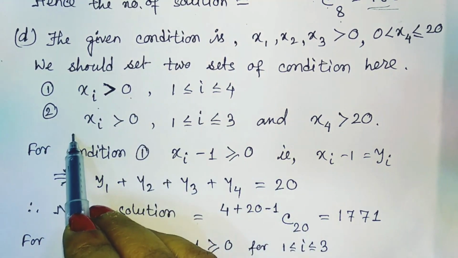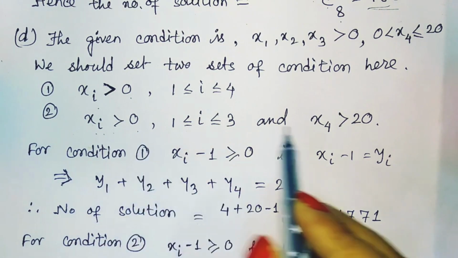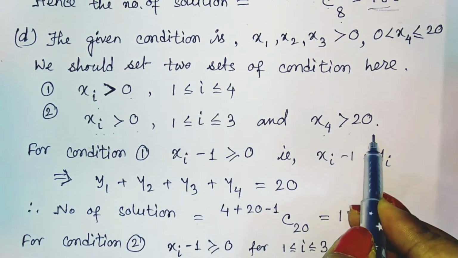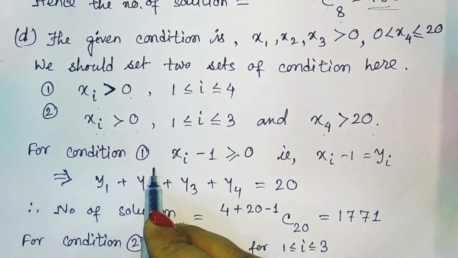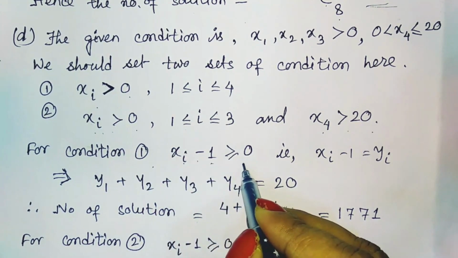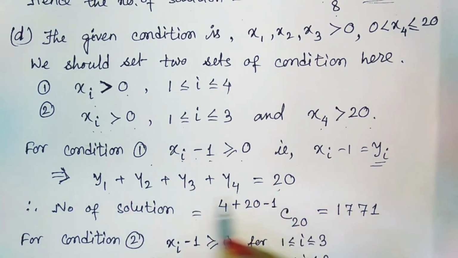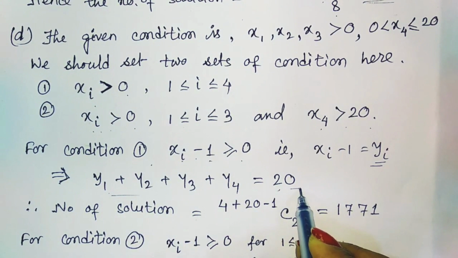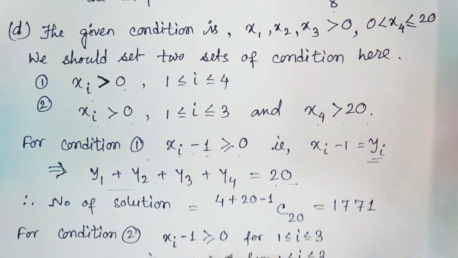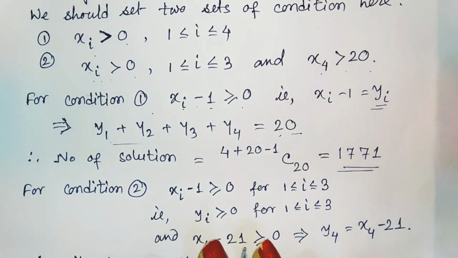In the second condition, we consider x1, x2, x3 greater than 0 and x4 greater than 20. For the first condition, we write xi minus 1 greater than or equal to 0. Replacing by yi and substituting, we find this equation is just as in question number B. If you simplify, we get this, which we already did in problem number B.